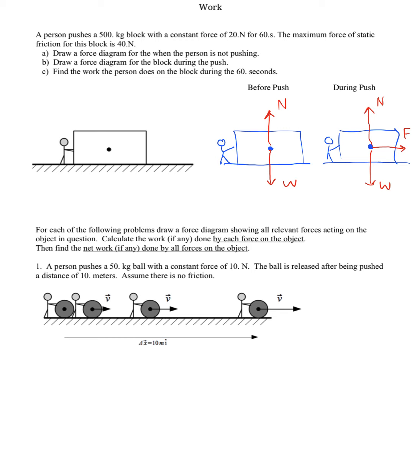Well, we know that static friction can actually raise its level up to a certain maximum, and in this case that maximum is 40 newtons. So friction here will be able to oppose the push.